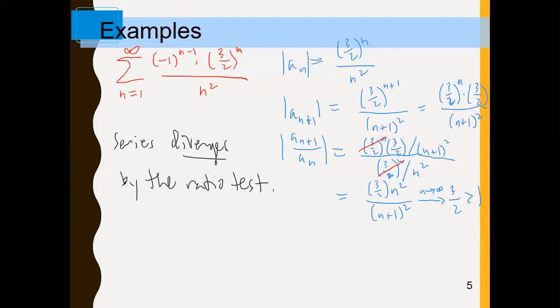If you actually just applied the nth term test, you would have ended up with a diverging series, because the terms themselves, forget about the -1 to the n minus 1, you have 3/2 to the n over n squared. If you computed that limit, what would you get? 3/2 to the n. Remember, exponential always grows faster than the polynomial, yeah?